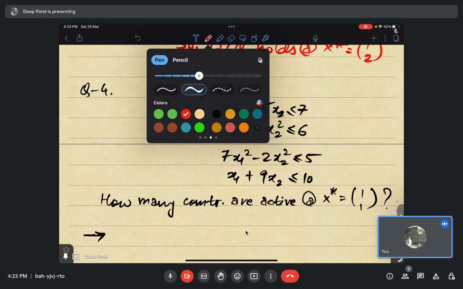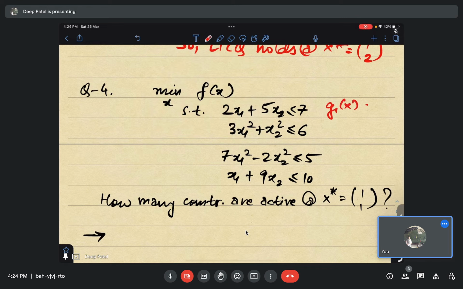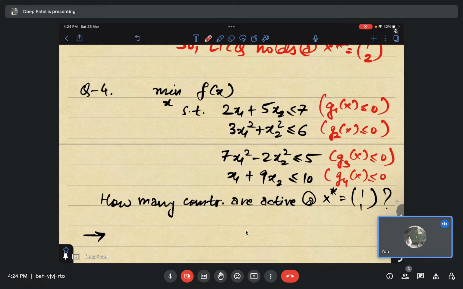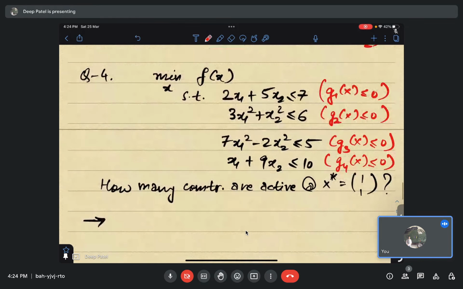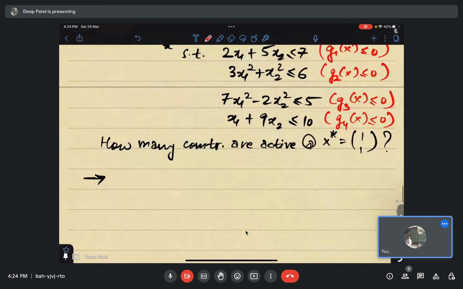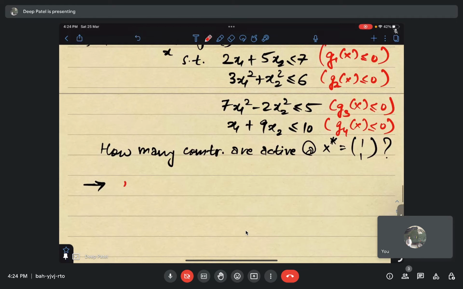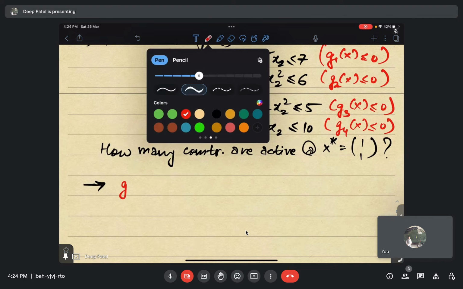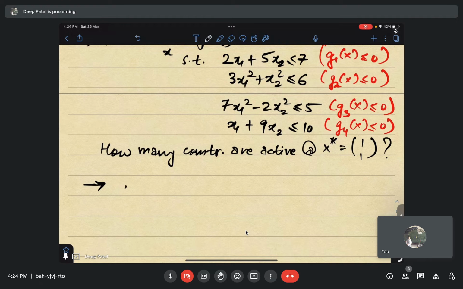So let's just follow the same convention. Let's call this g1(x) less than or equal to 0, g2(x) less than or equal to 0, g3(x) less than or equal to 0, g4(x) less than or equal to 0. Okay, so what is g1 of x star?